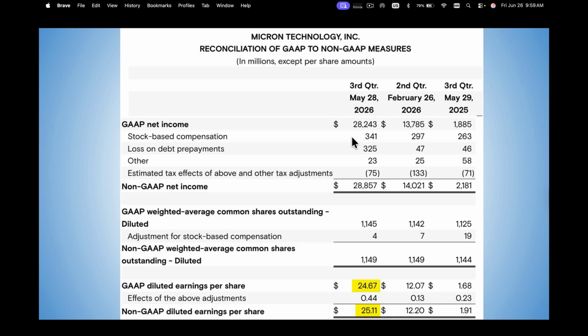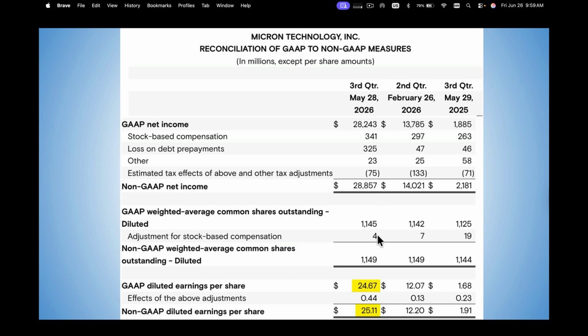Whatever they choose to do, they also are adding back this loss on debt prepayments that they don't think should be considered. It's whatever they believe is a better measure of their profits, and they come up with 28,857,000,000, and that is used to calculate the non-GAAP net income.